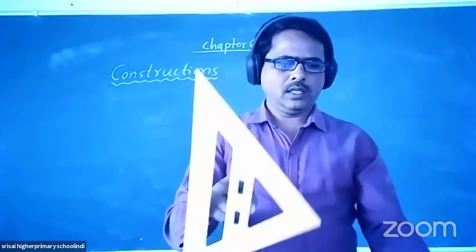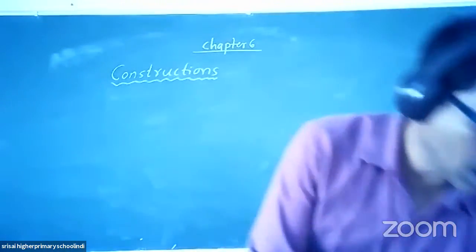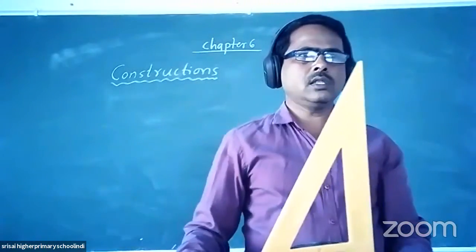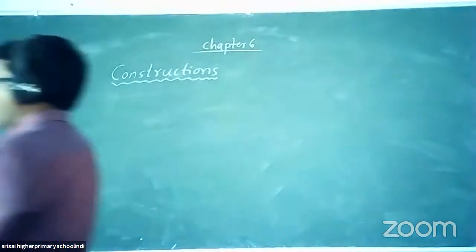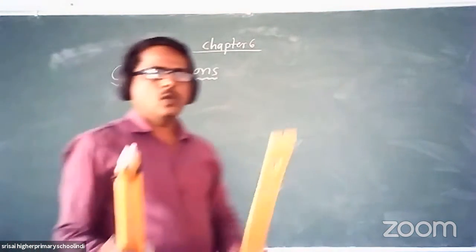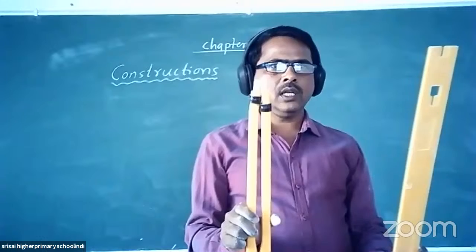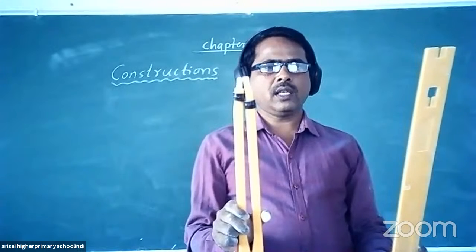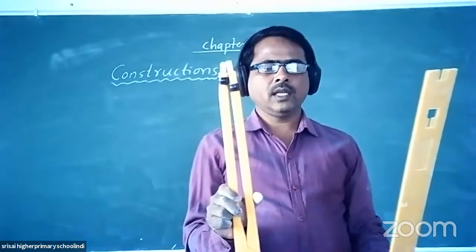This one has 90 degrees, 45, and in this case, one angle is 90 degrees, this is 30, this is 60. Now, to construct a geometrical figure, we should use only these two. Understand? We should not use a protractor. Without a protractor, we should draw.